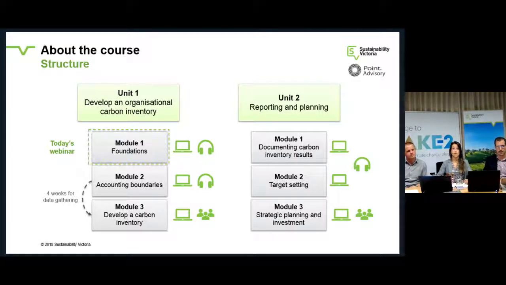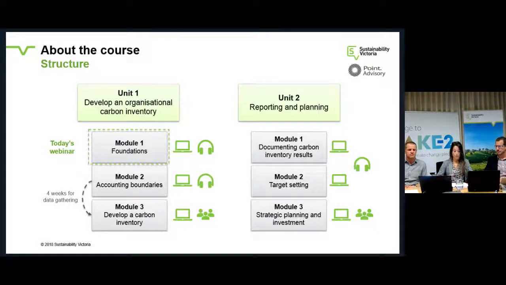For those of you who have the boundaries already defined, maybe go and revisit them, and then gather the data that you need to populate your carbon inventory, to come to Module 3, which will be delivered through a face-to-face session. As Charlie said, we can use that data during the session to populate your carbon inventory so you can get out of the session, hopefully, with a very well-developed or finalized carbon inventory for your council.